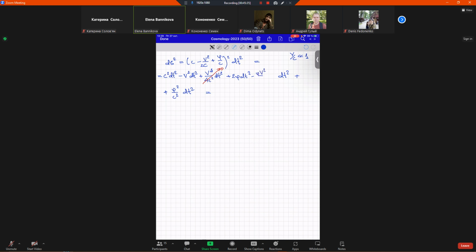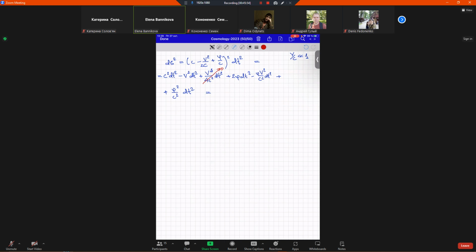Minus phi v squared divided by c squared dt squared, and this I kill. I open the brackets to have the sum and work with this.